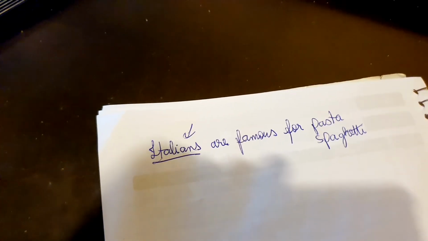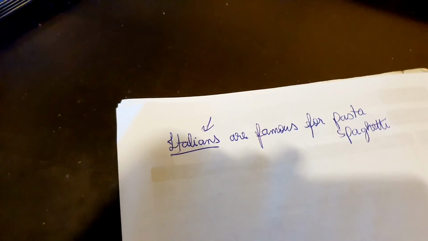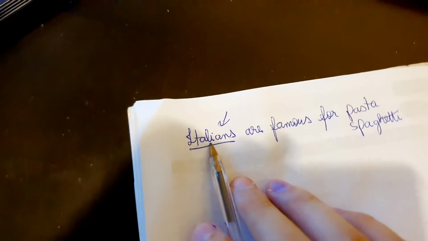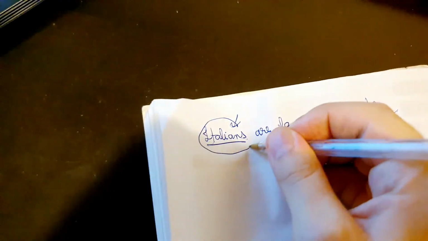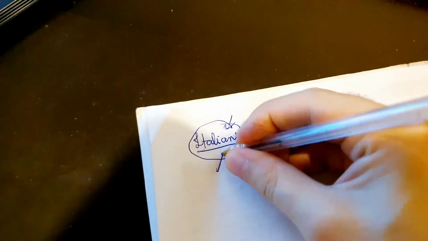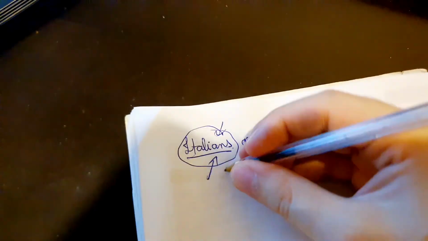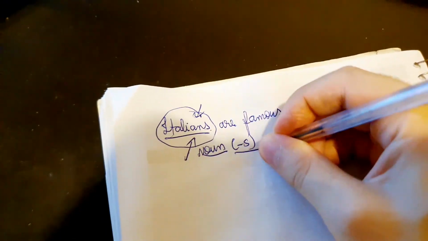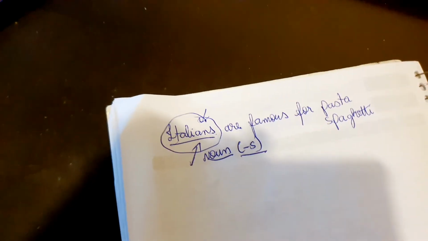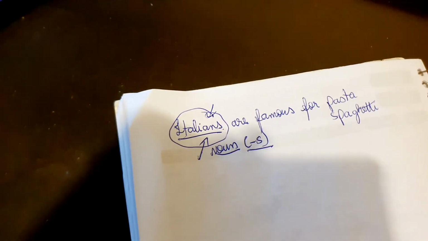Here I'm referring to a group of Italians, so I not necessarily say, the Italian are famous, okay, but I can also use this word in plural because it's not an adjective here. It works as a subject of a sentence. It's a noun, actually, and nouns have a plural form. Nouns have, but adjectives don't have, right?